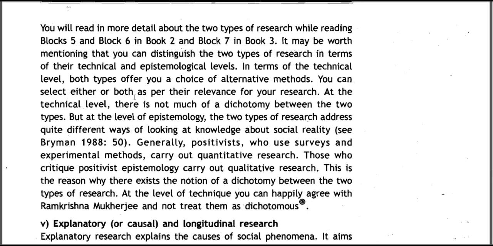You can select either or both as per their relevance for your research. At the technical level, there is not much of a dichotomy between the two types, but at the level of epistemology, the two types of research adjust quality quite differently, a way of looking at knowledge about social reality.